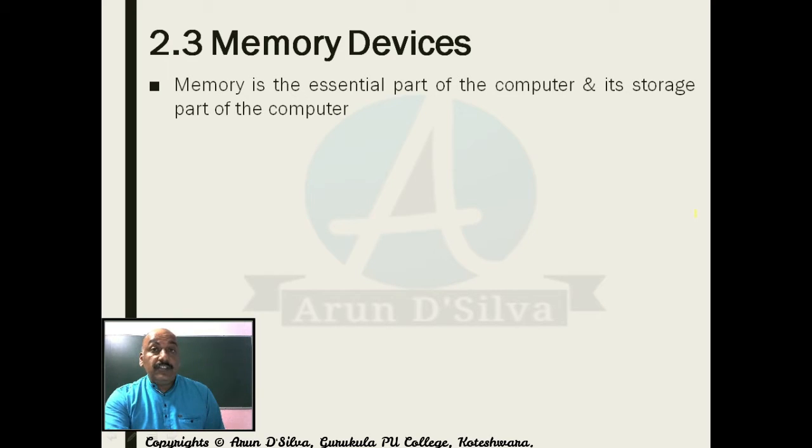Memory is an essential part of the computer, and it's the storage part of the computer. It's one of the important parts in the computer. Why do we need memory? The data, whatever you are using in the computer, you need next time, so that has to be stored somewhere. Or you're inputting some data, and it has to be processed according to an instruction.